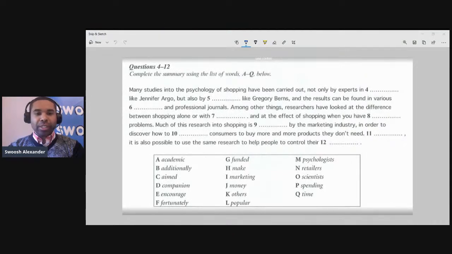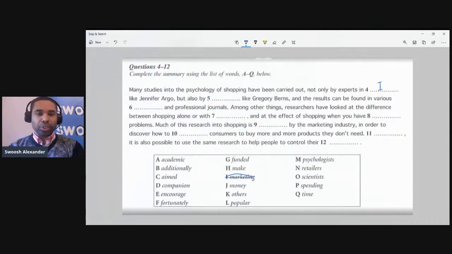And the field that we should be looking at here is marketing. So that makes sense, doesn't it? So if we just put I here, yeah, not only for experts in marketing, like Jennifer Argo, but also by, so we can cross that one off.